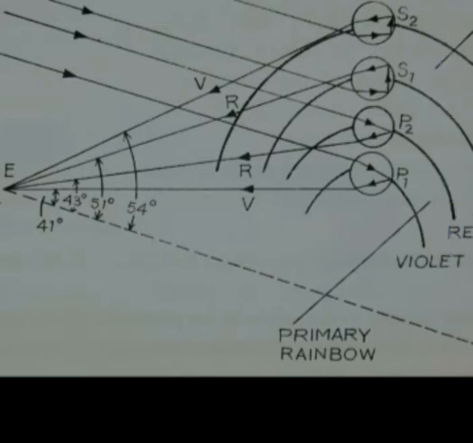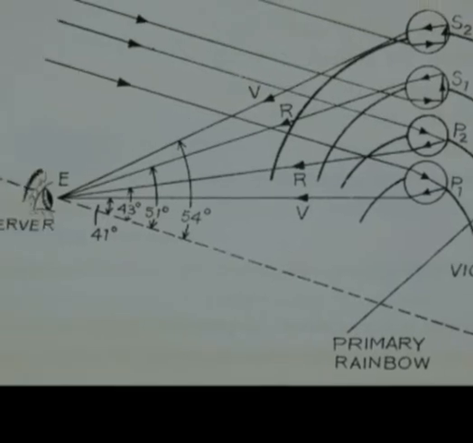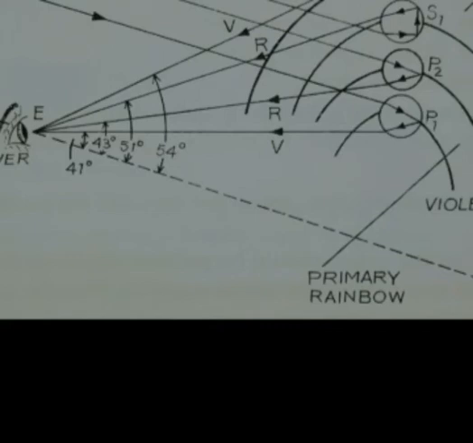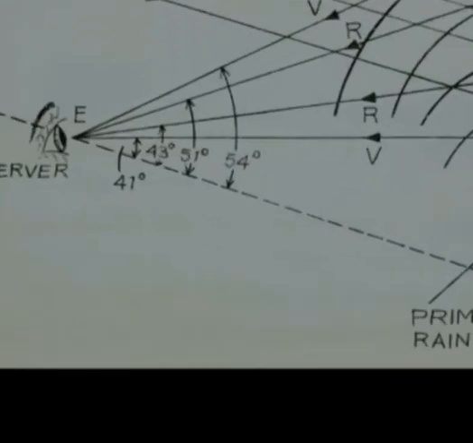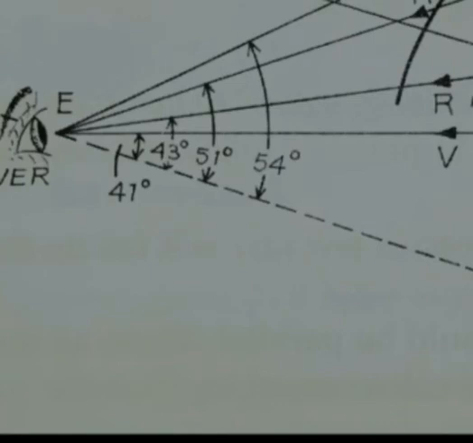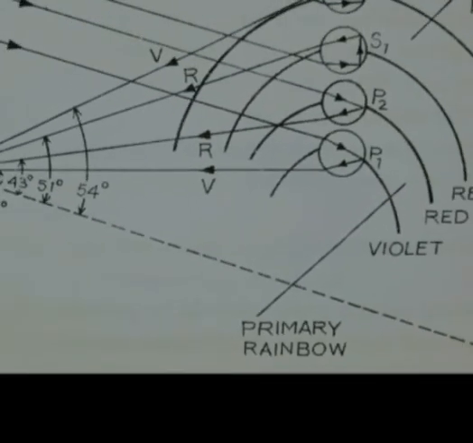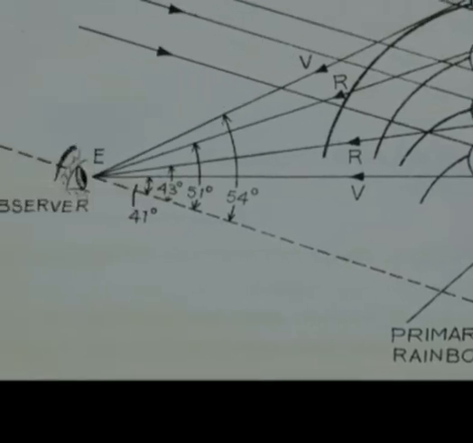So we can say that the semi-vertical angle is 54 degrees and 51 degrees respectively for violet and red color, and this is for our secondary rainbow. But the semi-vertical angles for a primary rainbow are 41 degrees and 43 degrees respectively for violet and red. That's the one major difference between the secondary rainbow and the primary rainbow: they differ in the semi-vertical angles formed by the observer.